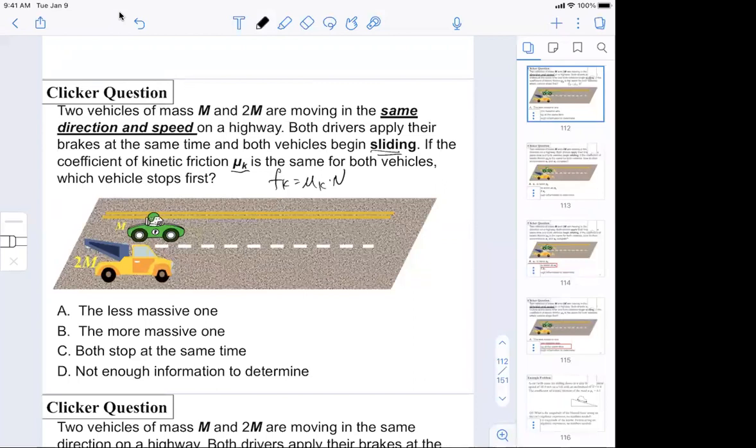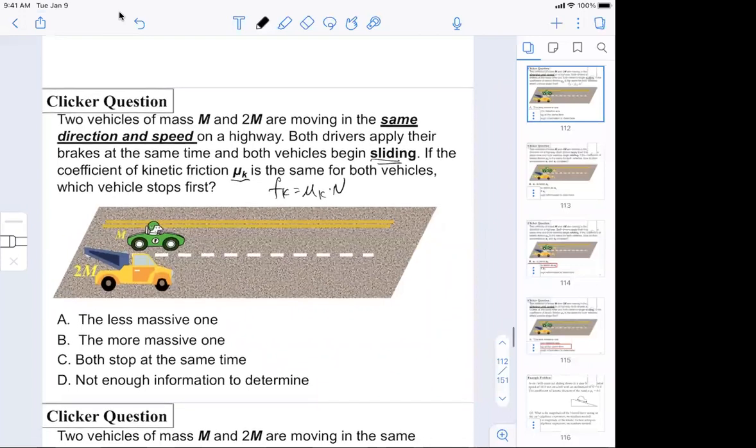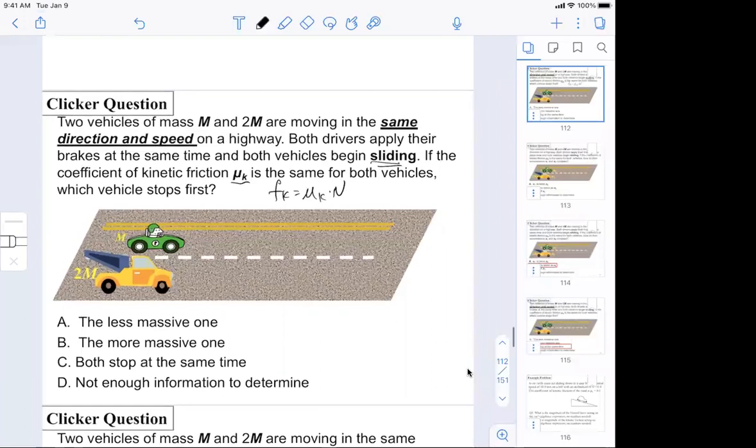If you haven't voted already, please put in your vote. Okay, all right. I'm going to go ahead and close the poll and we take a look.